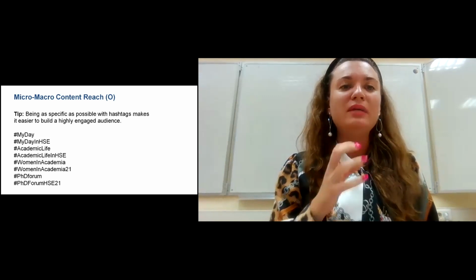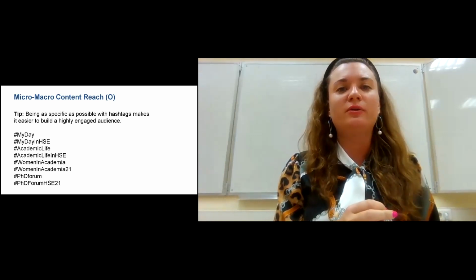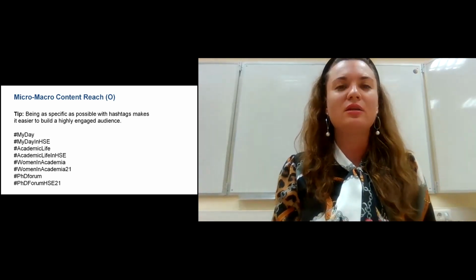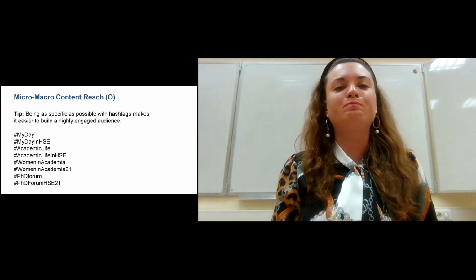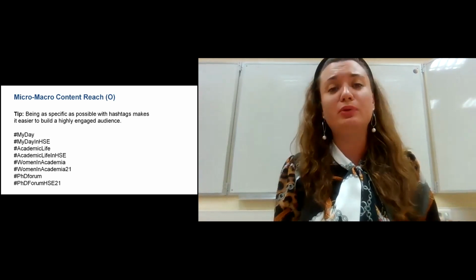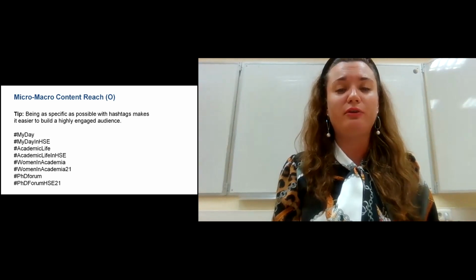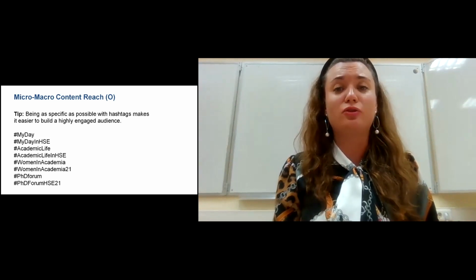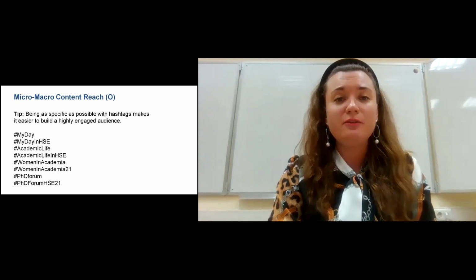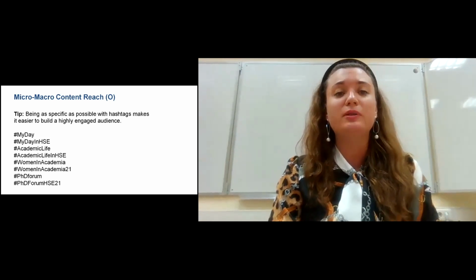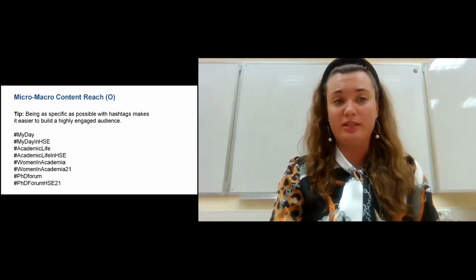So that's why micro content reach is much better, because it's more focused, and you can get popularity among a small group of people, but you can find the right people in this circle. Being as specific as possible with hashtags makes it easier to build a highly engaged audience.